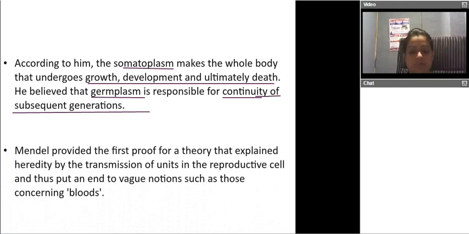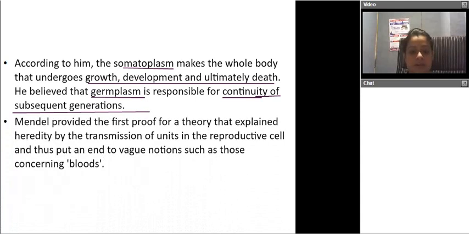Mendel also proved that heredity by transmission of units in a reproductive cell occurs. So, the reproductive cells of the parents inherit the trends into the offspring. And he finally put an end to these vague notions about the theory of pangenesis and germplasm theory.